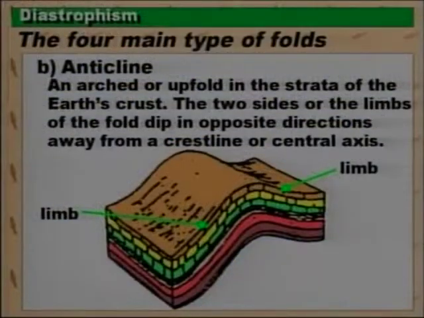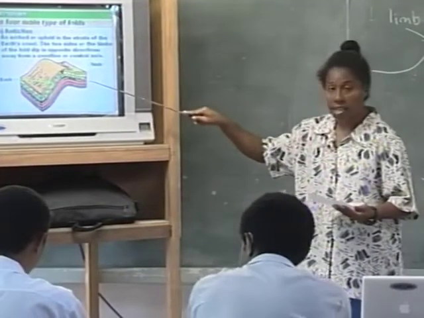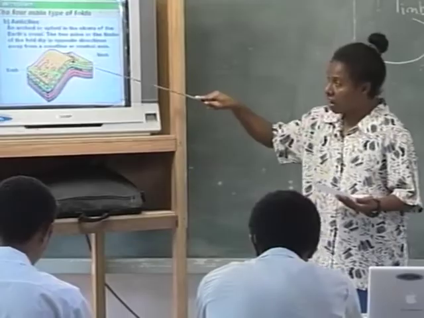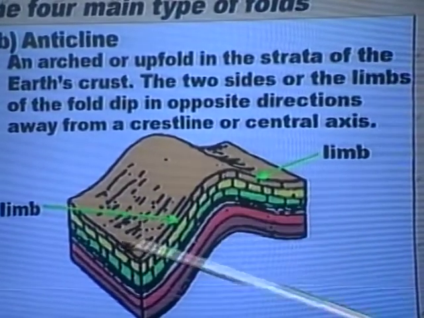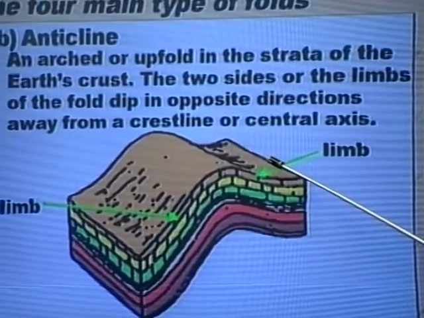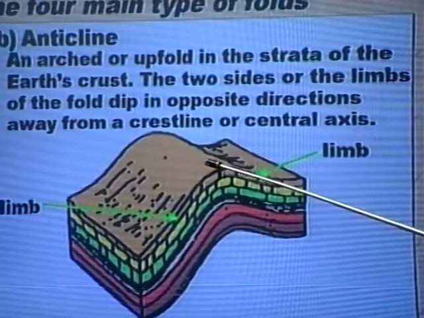In other words, if we had the forces of compression exerted on a layer of sedimentary rock, the area which is actually uplifted is an anticline. The uplifted area, which is formed as a result of the forces of compression exerted on a layer of sedimentary rock, is an anticline.